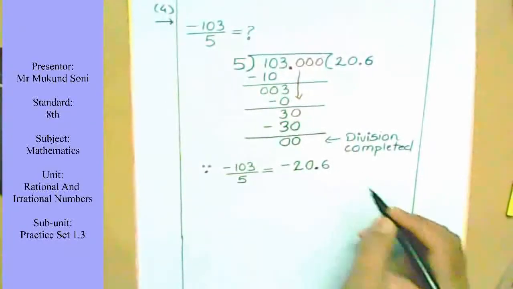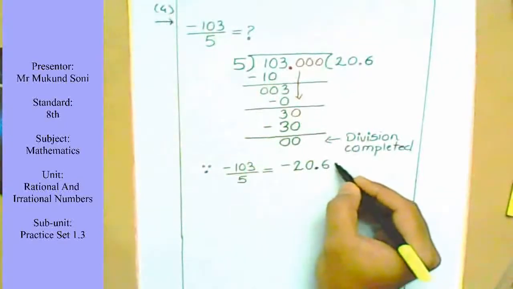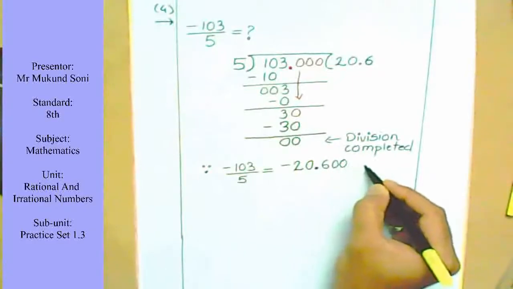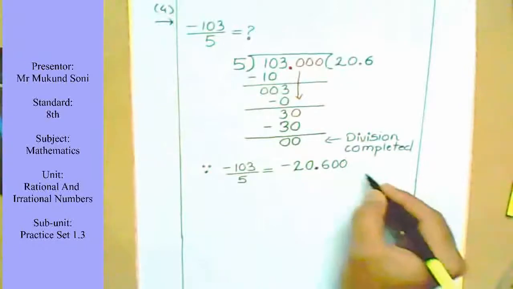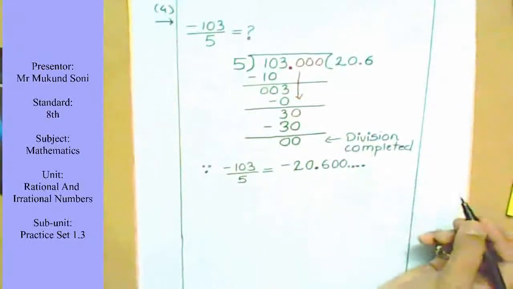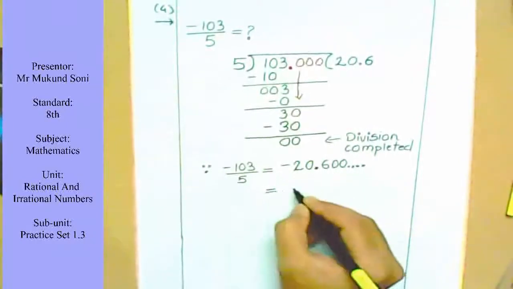Now students, after 6 there are no digits, so you can put extra zeros. As I told earlier, you can have as many zeros as you want after any digit. Then there can be n number of zeros.